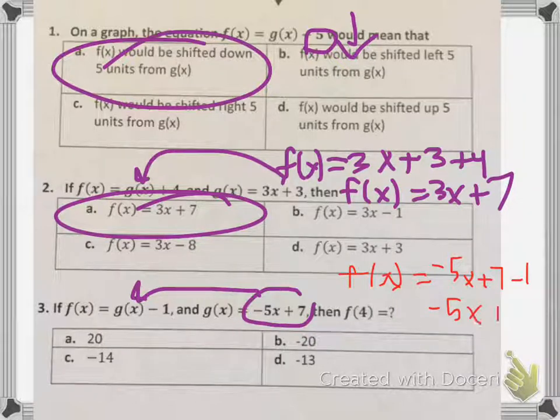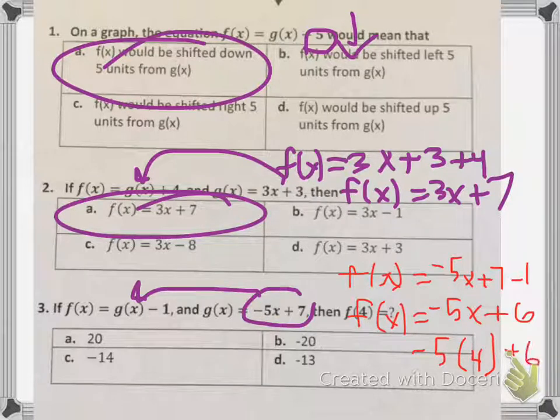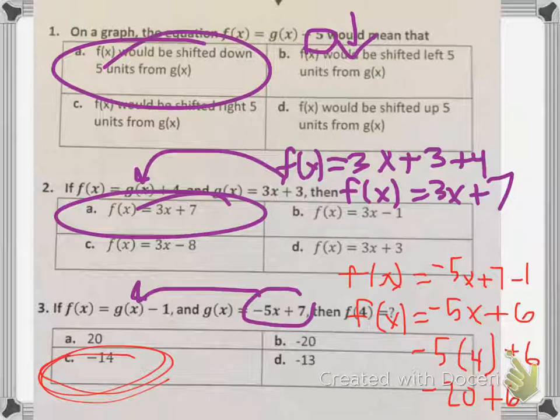So a negative 5x plus 6 is my f of x value. And then I've got to substitute 4 in there to find my actual value. So I get a negative 20 plus 6, which is a negative 14. So my answer this time is going to be C.